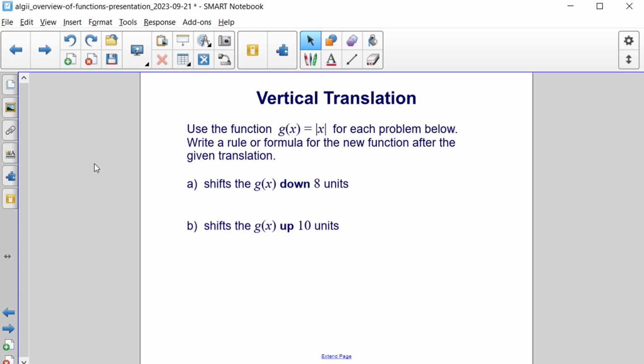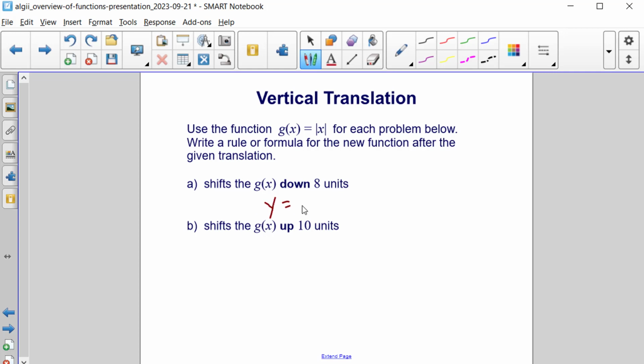Here's another example. Use the function g of x, which is equal to the absolute value of x for each problem below. Write a rule or formula for the new function after the given translation. In our first example on this slide, we are going to shift g of x down 8 units. So we're going to have y is equal to g of x, and we're shifting down, so down is in the negative direction, 8 units.